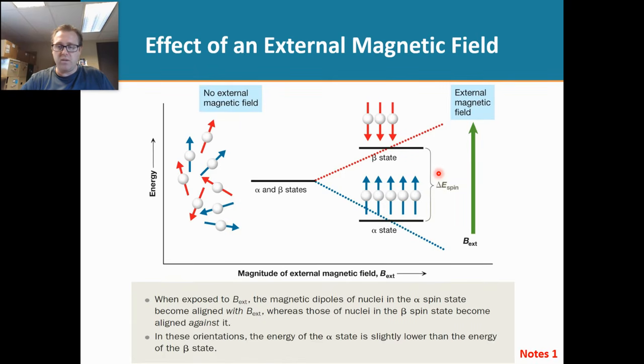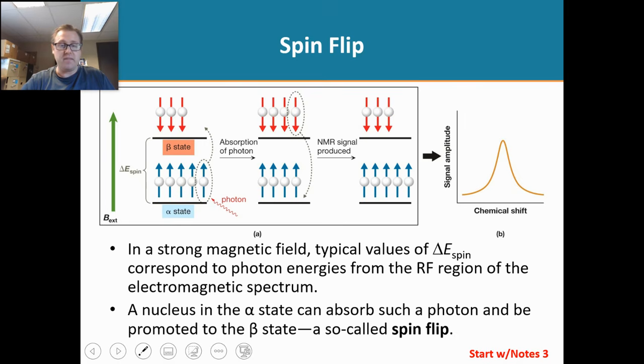Well, the reason why we call it that is because when you have your nuclei in an external magnetic field, what happens is that you are going to zap your sample with the radio frequencies, and when the nuclei absorbs that photon of light from the radio frequency spectrum, it gets promoted to the higher energy state in the beta state. And you can see that the arrow flips.